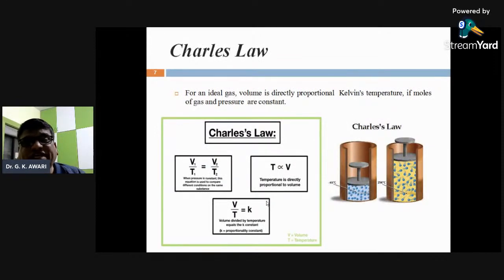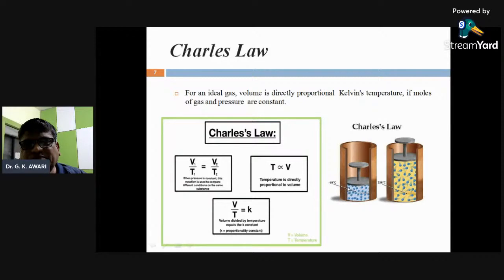Now we will go into the details of the fundamental laws used in our analysis of the air standard cycle. For an ideal gas, the volume is directly proportional to the Kelvin temperature if the moles of the gas and the pressure are constant. This is Charles law.